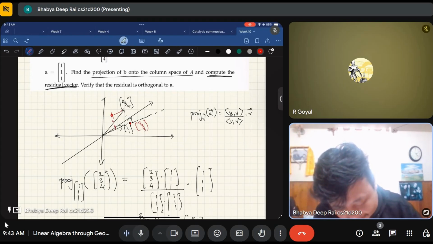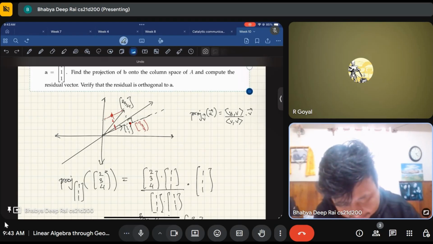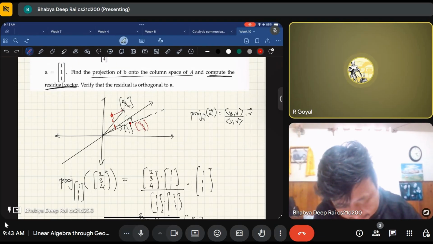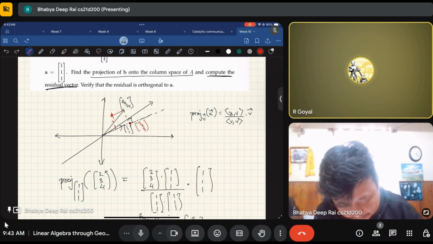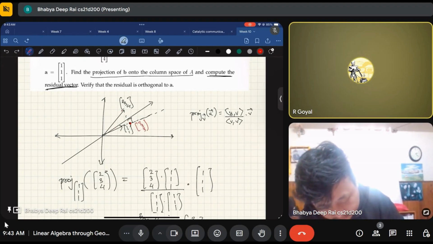But this vector also has a component here. You get it? Then that value would be, say, if it is the vector a plus x, and it should become b.